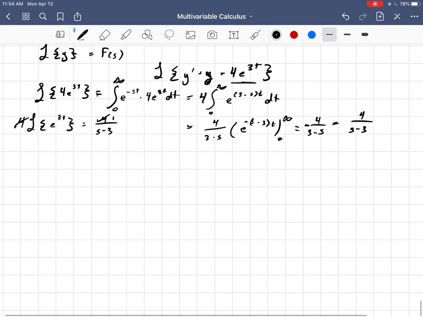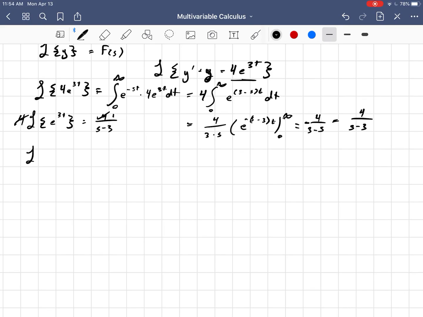Okay, and now I take the Laplace transform of y prime plus y.